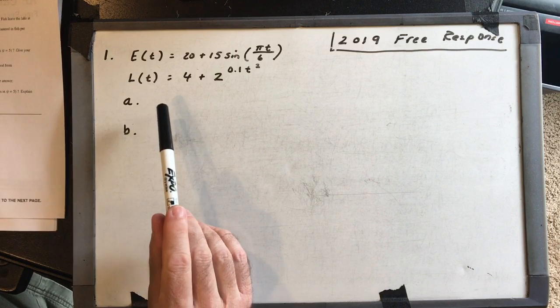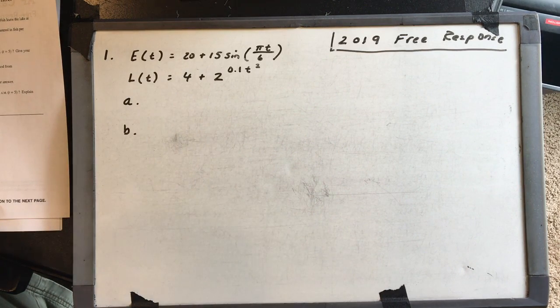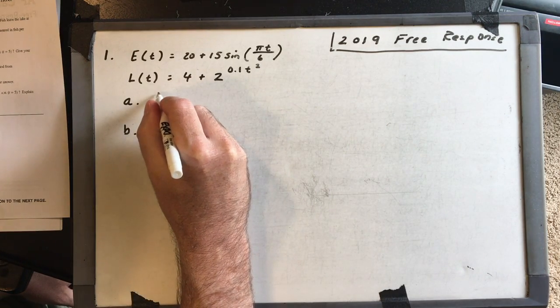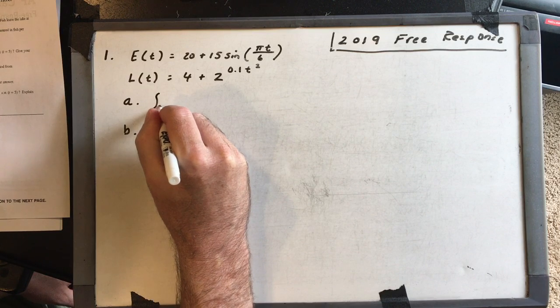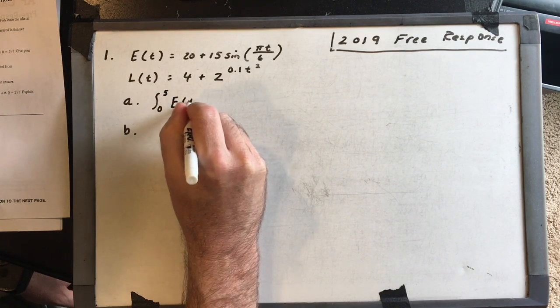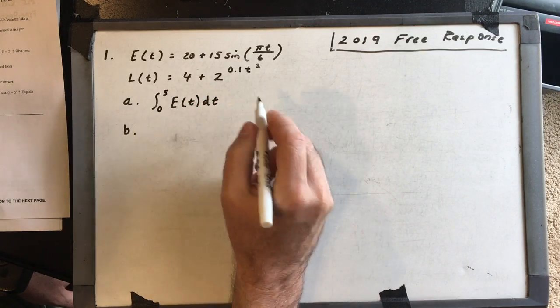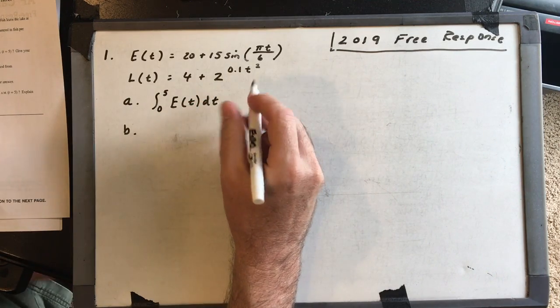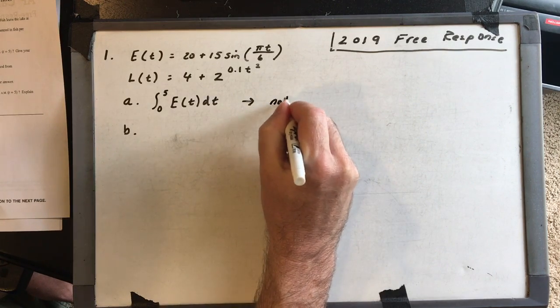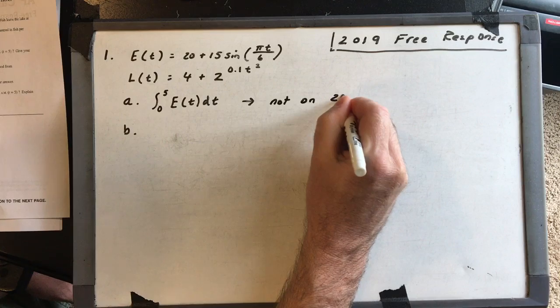This is a question that will not be on the 2020 test if they told the truth. But how you would figure that out, it's really not hard at all. You would integrate from 0 to 5 of E of t dt, and you would use your calculator on this. But this kind of problem is not on the 2020 test.